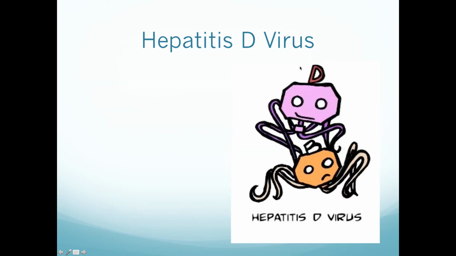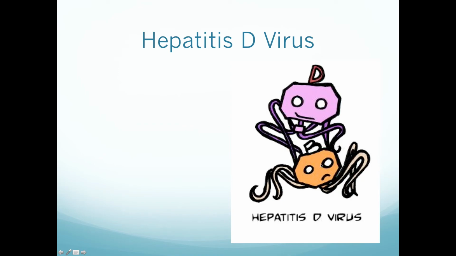So here's what that looks like in animation form. When there is an active hepatitis B virus, when it's already infected somebody and it's infecting cells and spilling over its surface coat into the bloodstream, Hep D, which is incomplete, can't do anything on its own. What it needs is an active B infection in a host.